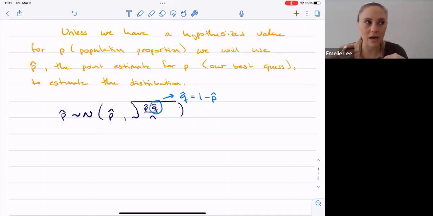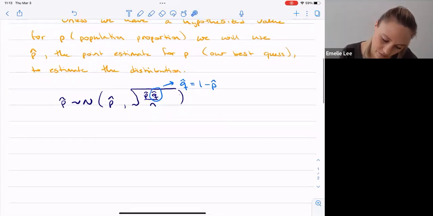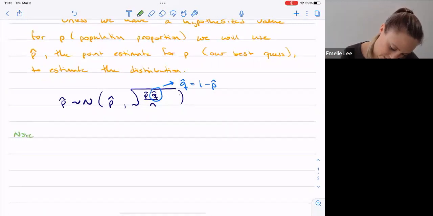And so we have that understanding that there's going to be variability in our sample proportions, and it turns out that that variability can be captured by the square root of p hat q hat over n, or approximated at least.